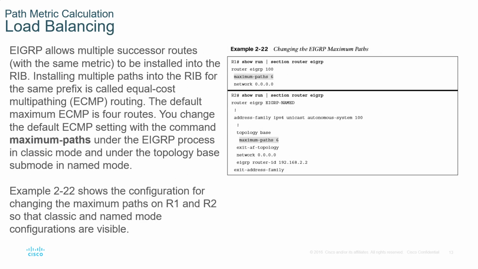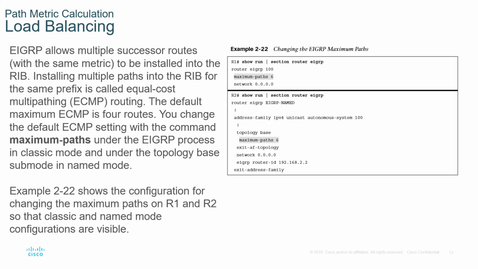Now, EIGRP allows for 4 equal cost load balancing by default. We can change that if we want by using maximum paths, and we can change the number of paths that it will load balance over. So you'll see there the 2 modes.